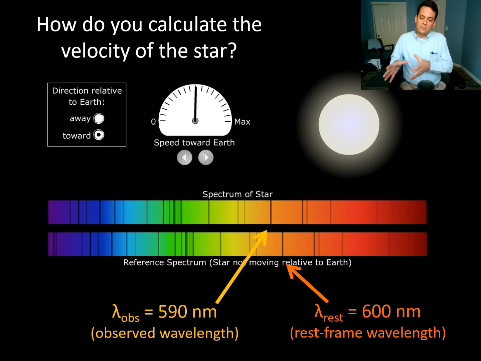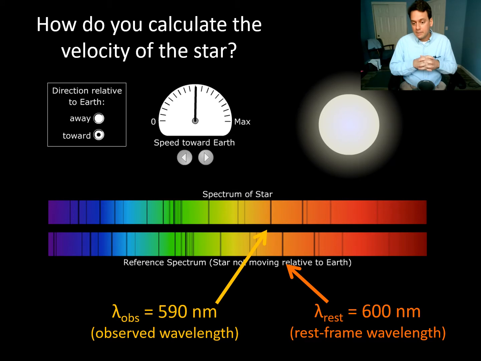I have to compare them with the caveat that they may be shifted somewhat based upon the relative radial velocity of this star. But the good news is that if I can find a wavelength that's close to my observed wavelength, I can use that to determine not just what the star is made of, but also how fast that star is moving relative to us.